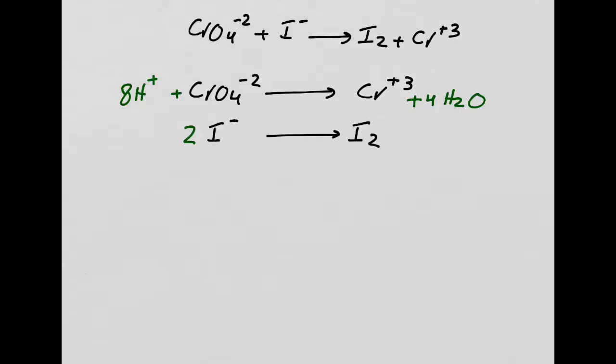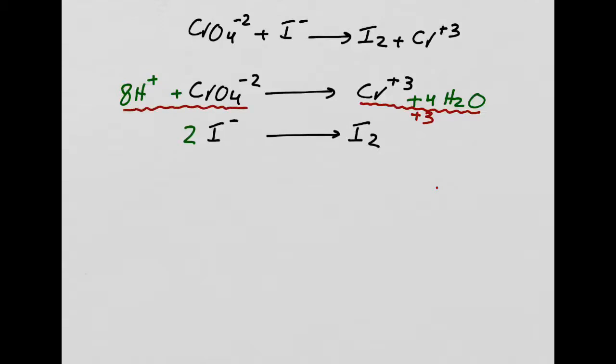Let's come over here. On this side, what is the overall charge? I have 1 chromium plus 3 and water is neutral. So my entire charge over here would be plus 3 because I have 1 chromium plus 3 and water is neutral. Now how about on this side?